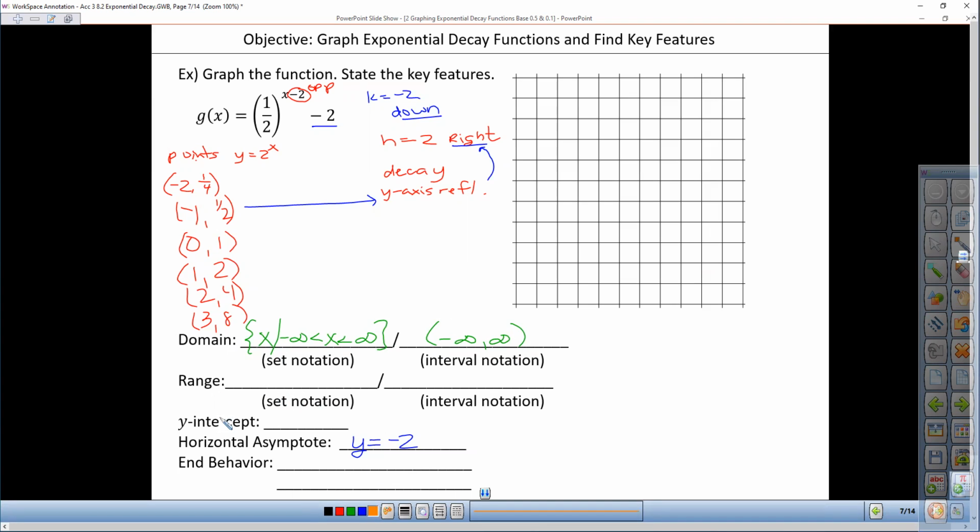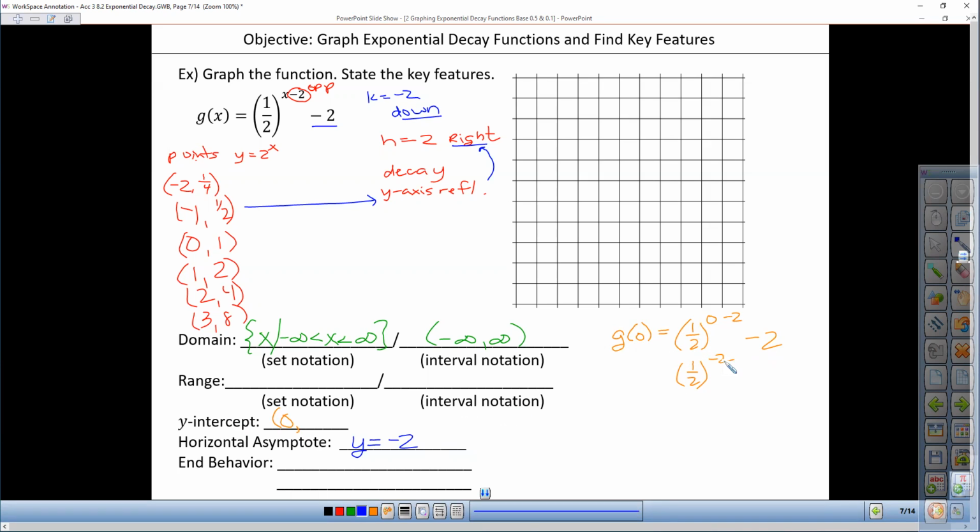Y-intercept, we've talked about, we can calculate the y-intercept for any function using the understanding that any point on the y-axis has an x value of 0. So I'm going to do that math over here. So I'm really looking at g of 0, which would be 1/2 to the power of 0 minus 2, followed by a -2. So here, this is 1/2 to the power of -2. Remember, negative exponents do not mean negative numbers.